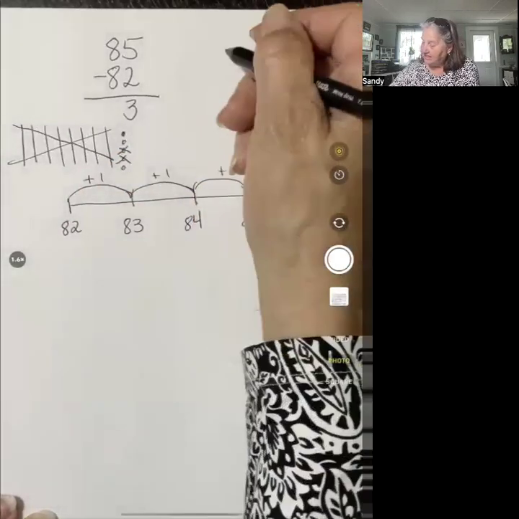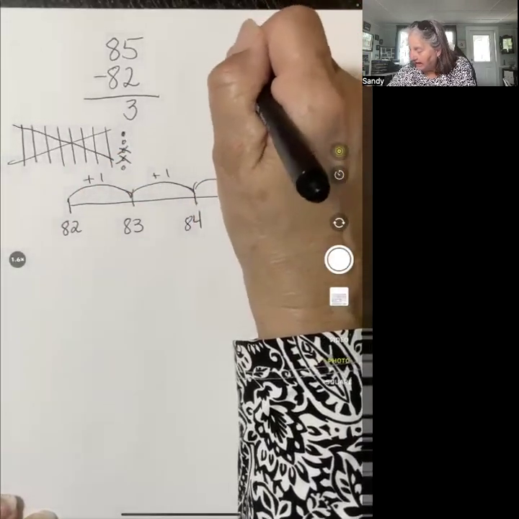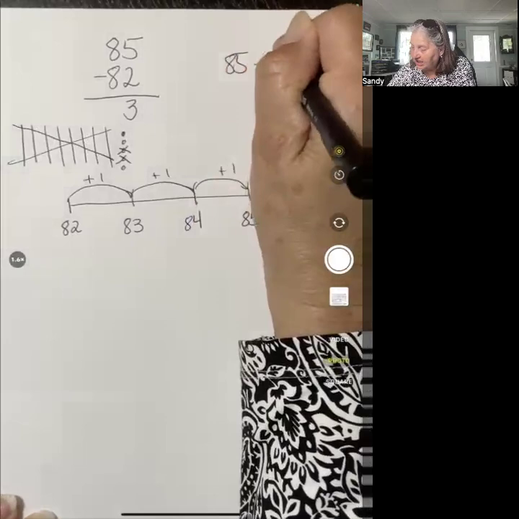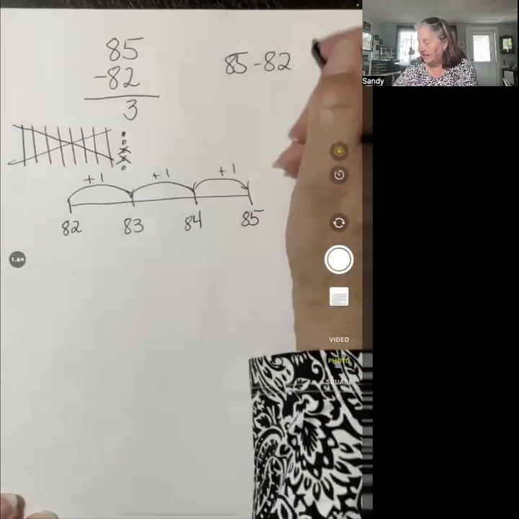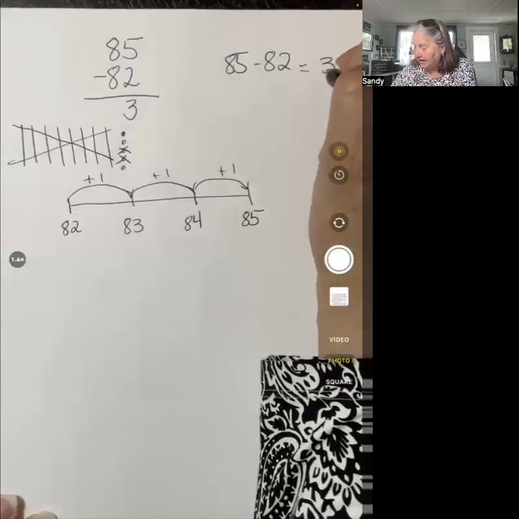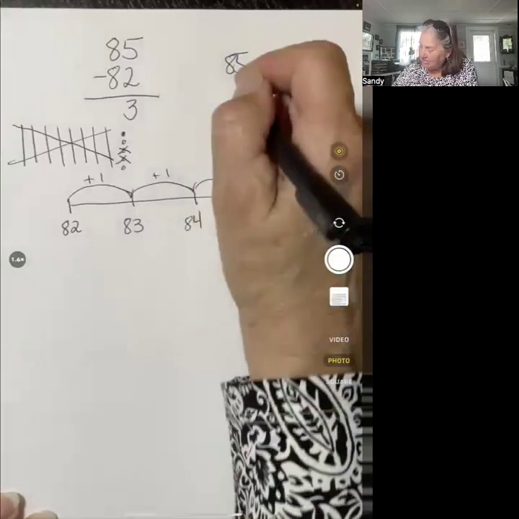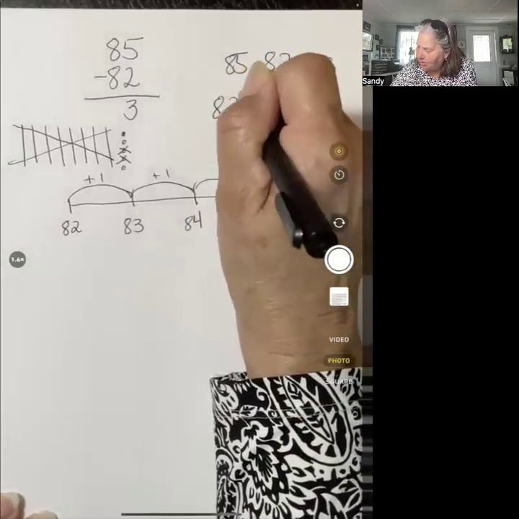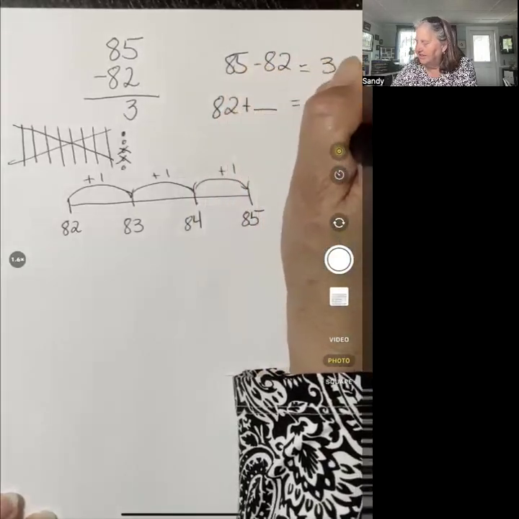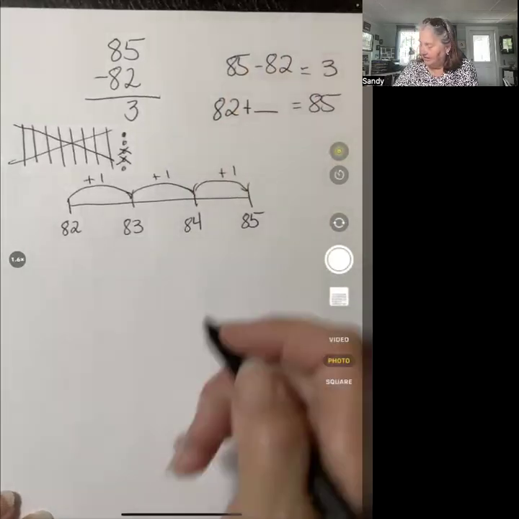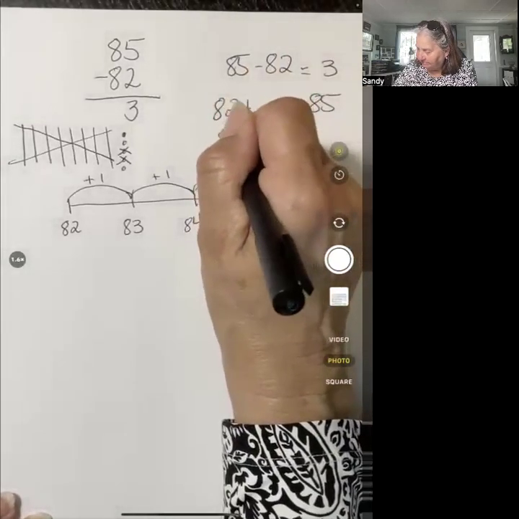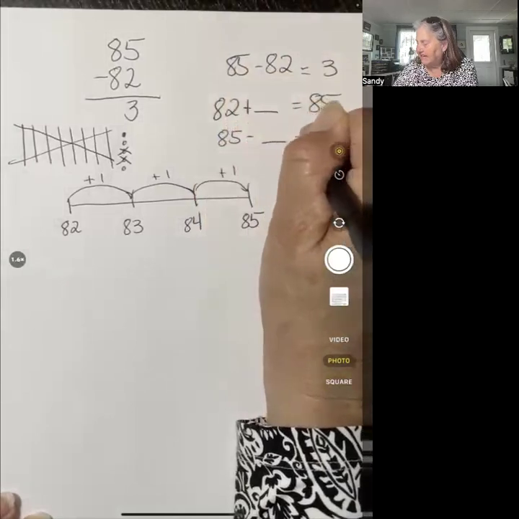Now, where this typically makes sense, I'm thinking of subtraction as removing here. I remove, I end up with 3. Here, I'm almost thinking of how many more than 82 is 85, or how many fewer than 85 is 82.